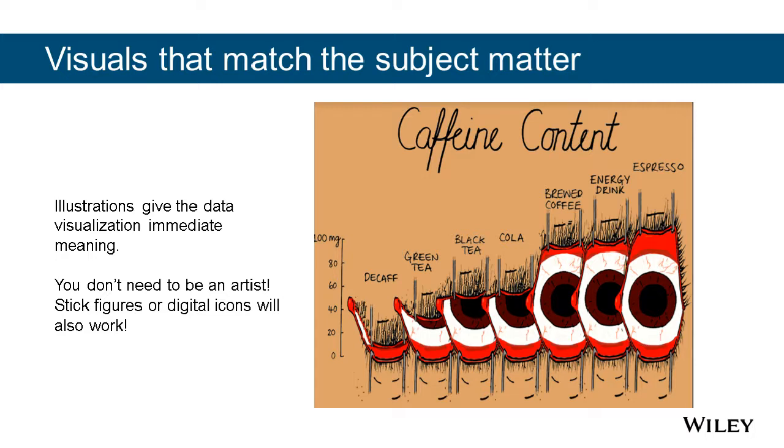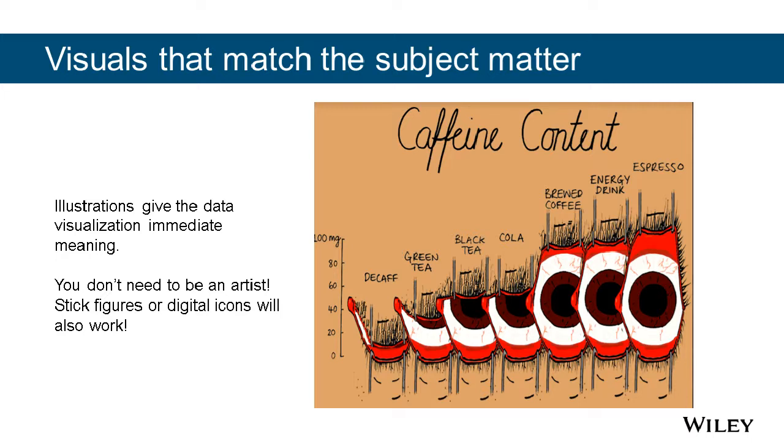So imagine this chart here about caffeine content in various types of drinks, created by a data journalist named Mona Shalabi, as if it were a simple bar graph, as if these eyeballs were just bars that measure the number of milligrams of caffeine in each of these types of drinks.